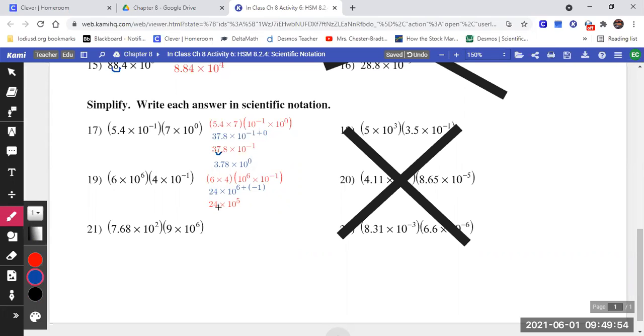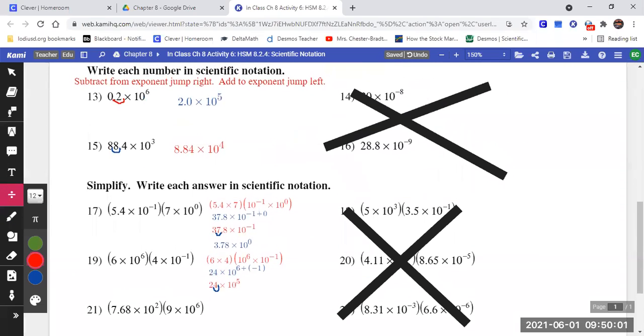So we have to fix that understood decimal. We have to jump. Which direction did we jump? Left.